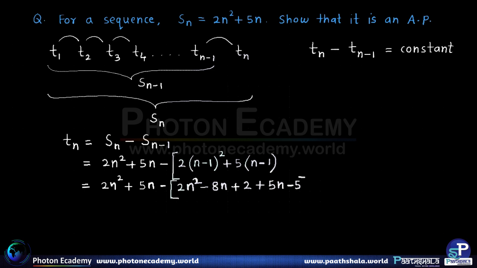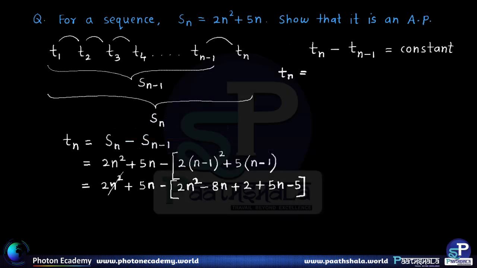Now we have to club all the like terms, and therefore I will write Tn as equal to, now you see that 2n square is going to get cancelled, then similarly 5n is also going to get cancelled, right?